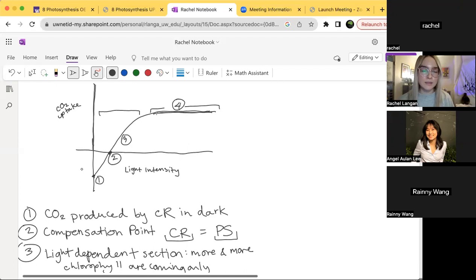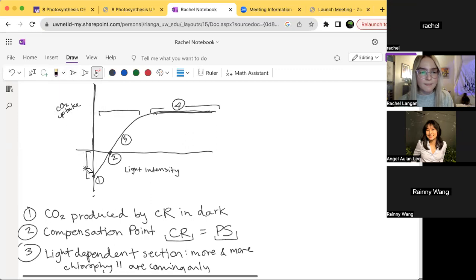We're actually producing CO2. So that amount there represents the amount of CO2 being produced by cellular respiration. So if we increase cellular respiration, we would increase the amount of CO2 being produced, and that point would move down to represent that. That makes sense?